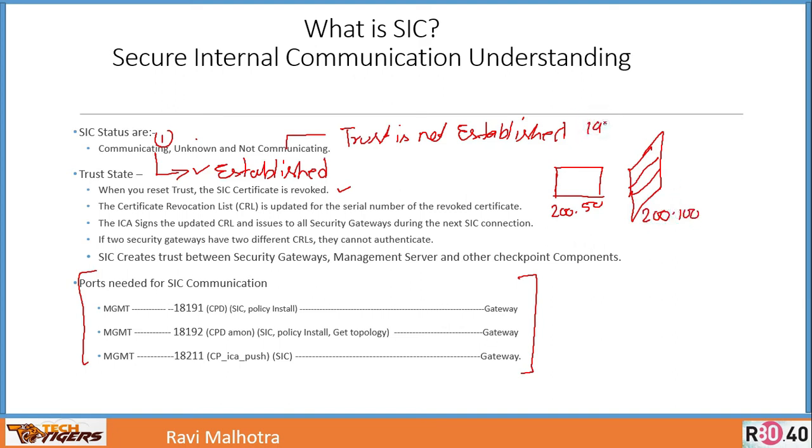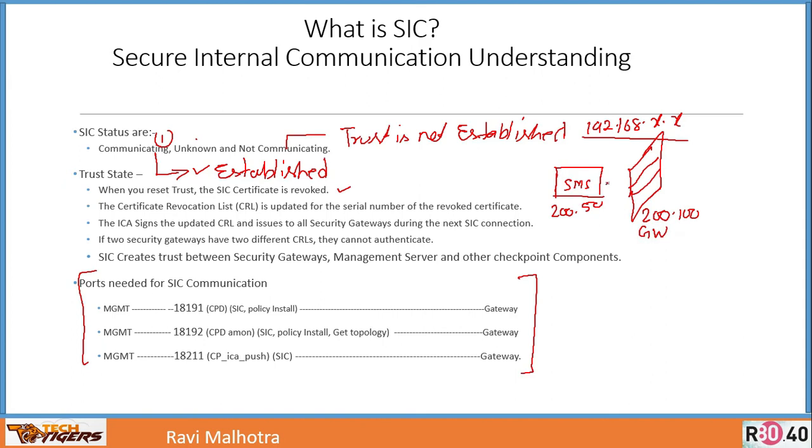So it is basically 192.168.x.x. Those who are watching my videos from video number 1 will be able to understand. This is a Smart Center server and this is a gateway.